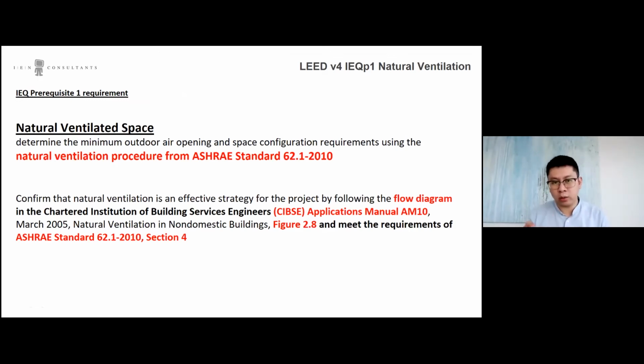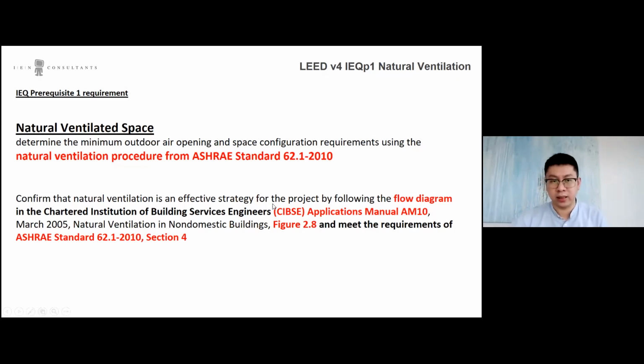In order to confirm the air opening, we need to look at the space configuration. That's step number 1. Step number 2 is to check the natural ventilation effective strategy. In this case, they are using the CIBSE application manual AM10. There's a flow diagram to determine whether natural ventilation is an effective strategy or not.